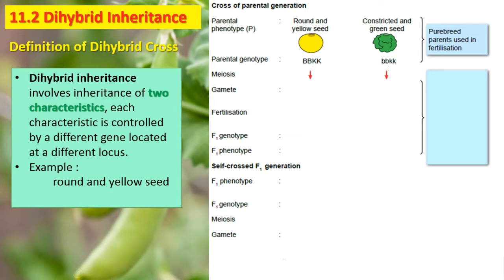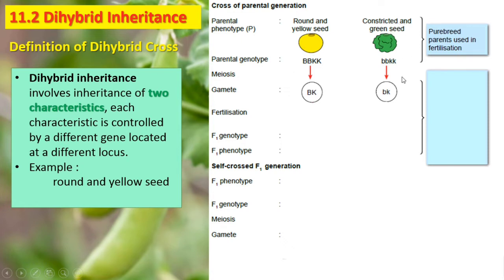After that, each parent will undergo meiosis to produce gametes. So the gametes will be capital B and capital K for round and yellow seed, and small b and small k for constricted and green seed.